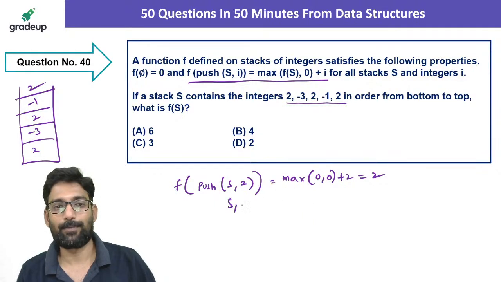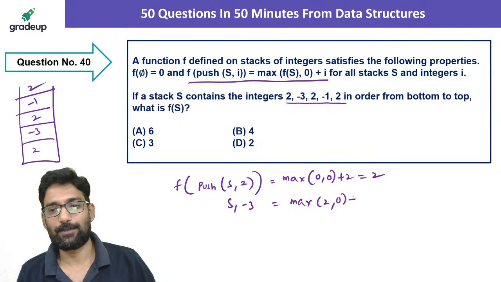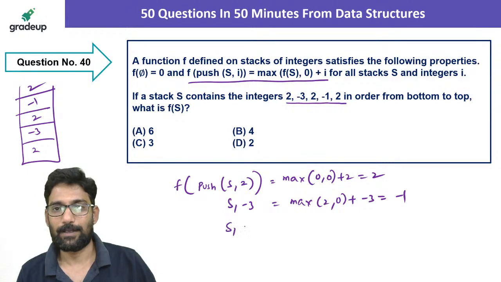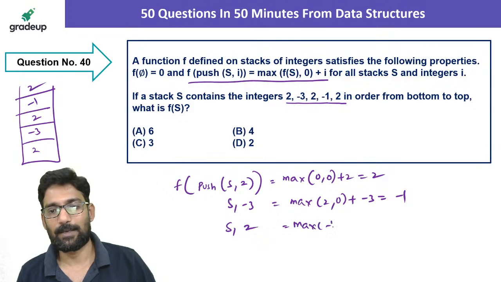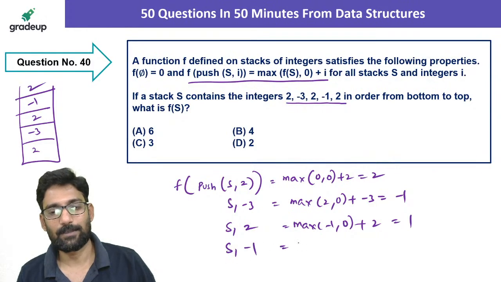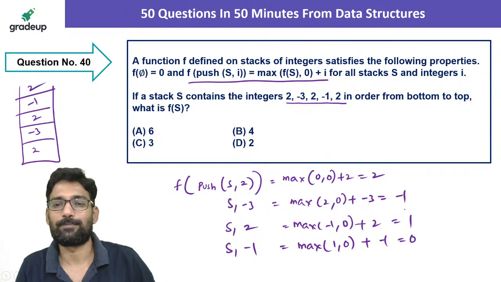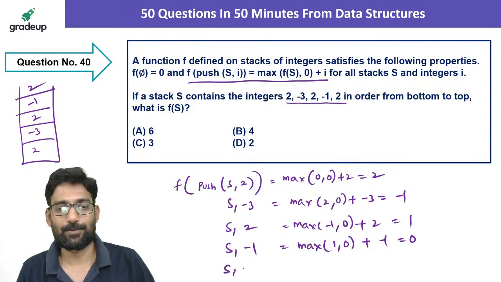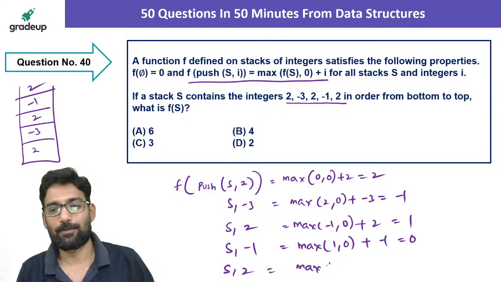Then you push -3: max of 2, 0 plus -3, which is -1. Then you push 2: max of -1, 0 plus 2, which is 1. Then you push -1: max of 1, 0 plus -1, which is 0. Then you push 2: max of 2, 0.